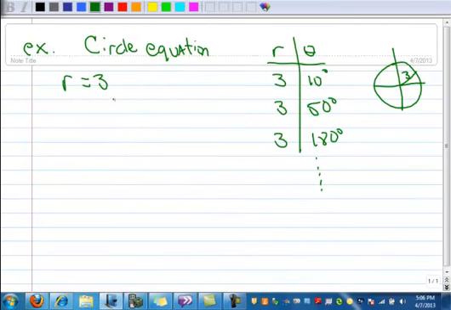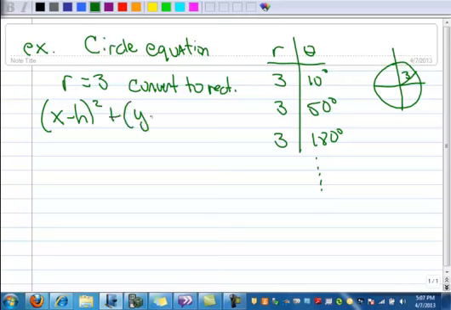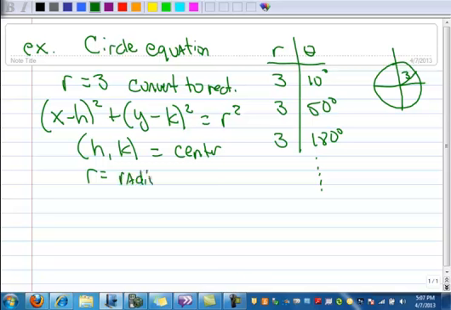So we want to convert this to rectangular. And recall from a previous math course that the equation of a circle is x minus h, quantity squared, plus y minus k, quantity squared, equals r squared, where the coordinates h and k are the center of the circle, and r is the radius of the circle.